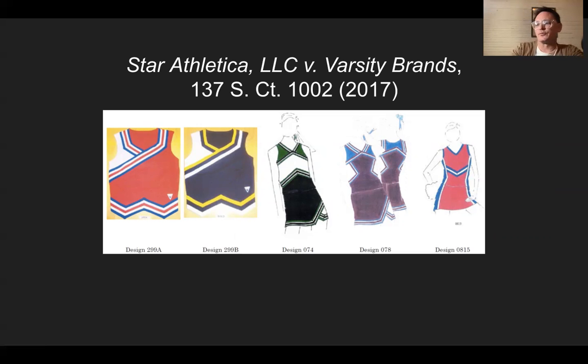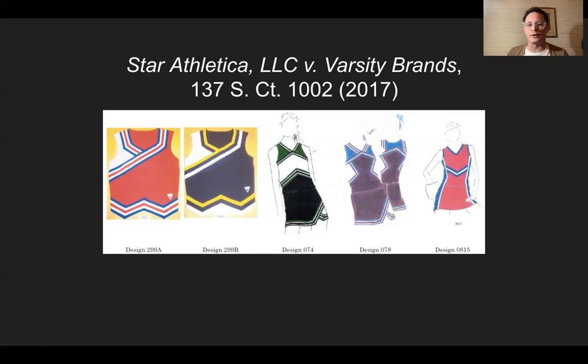And ultimately, the Supreme Court, in a very split decision, disagrees with Star Athletica and takes the side of Varsity Brands, saying, we're looking at pictures here. Copyright can protect pictures. If it's a picture of a cheerleading uniform, then that's protectable by copyright. You know, we see designs here. The designs are protectable.